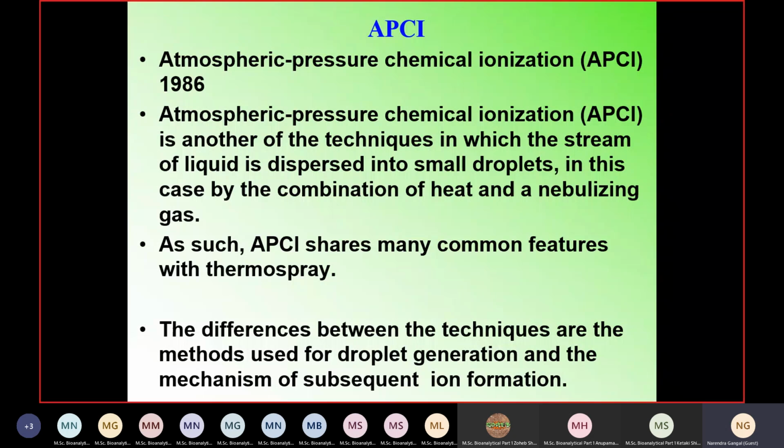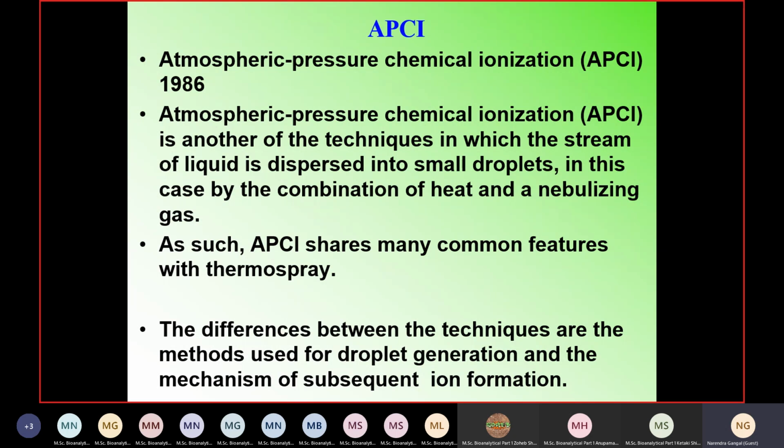The next source which we are going to study is again a soft ionization technique and typically used only for LCMS. All the ionization sources I am talking about now are for LC. This is the atmospheric pressure chemical ionization source. The name itself suggests atmospheric pressure, so there is no high vacuum here, but you must remember that the atmospheric pressure is in the source, not in the mass analyzer.